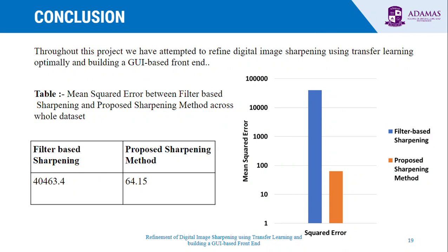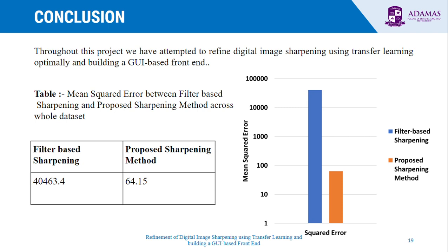This is the conclusion. The results of our model are shown here. Here we have a mean squared error plot between filter based sharpening and the proposed sharpening method across the whole dataset. We can clearly see that our deep learning model is showing a very small mean squared error when compared to filter based sharpening.